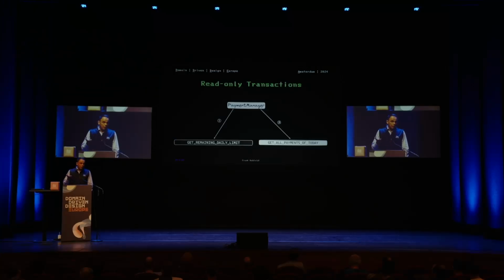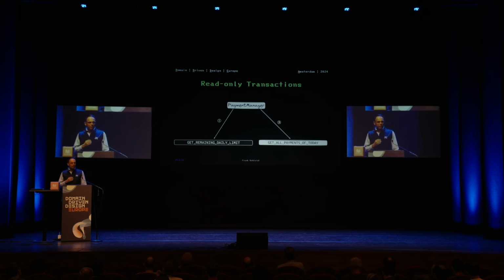So you want to show your customer his remaining daily limit and all transactions of today. What could happen here is that between the time when you read the daily limit and the second call where you collect all the payments, a new payment has occurred and the daily limit has changed, right? So it's not obvious at all how to ensure that you show your customer a consistent state here.